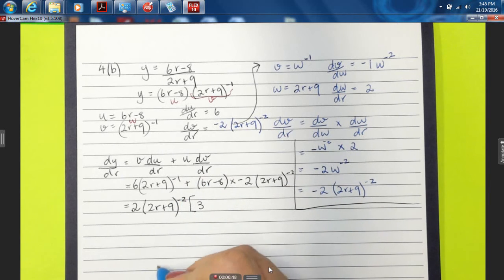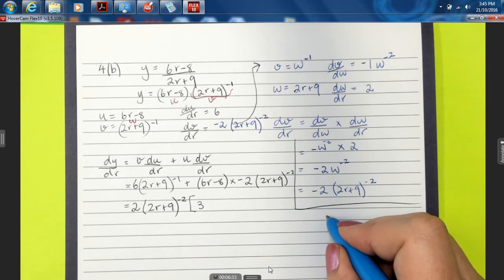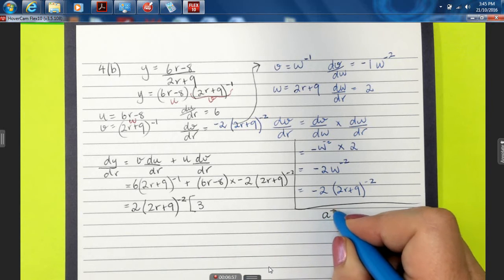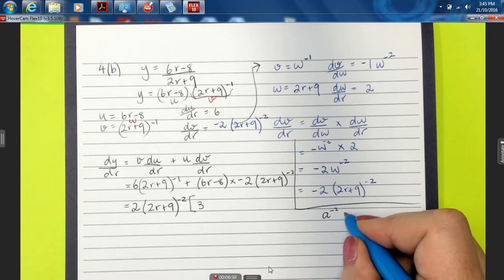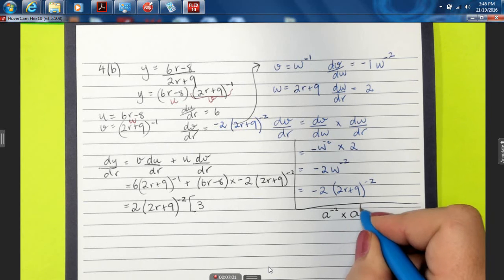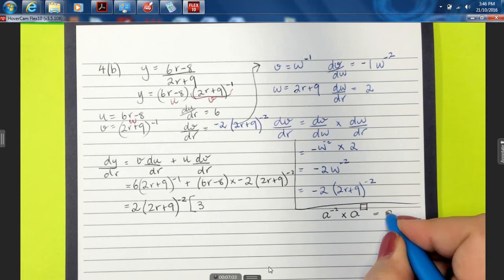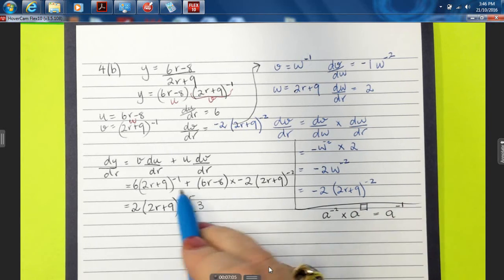Now I'm just going to write down here, just off the screen. Let's have a little think about this. We've got something that has a power of negative 2. We want to multiply by something that has another power to get a result of something that has a power of negative 1.